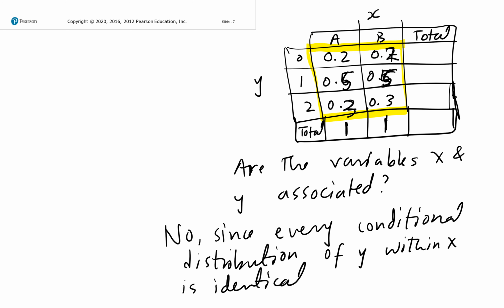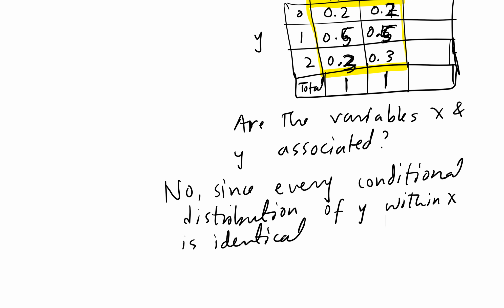Do you see the 0.2, 0.2, 0.5, 0.5, 0.3, 0.3? Because they are identical, every conditional distribution of Y within X is identical. There's no association. They can be associated if they are different.